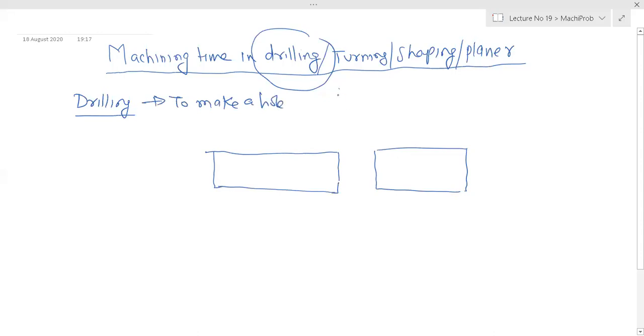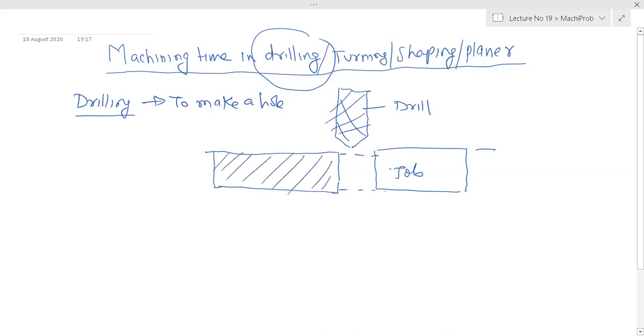This is your drill, this is the drill groove, and this is your job or workpiece where you want to make a hole.